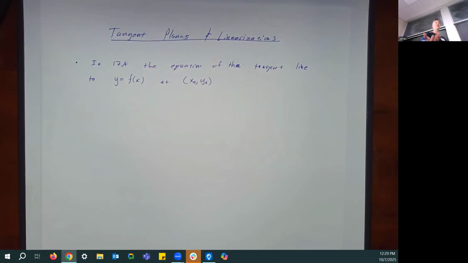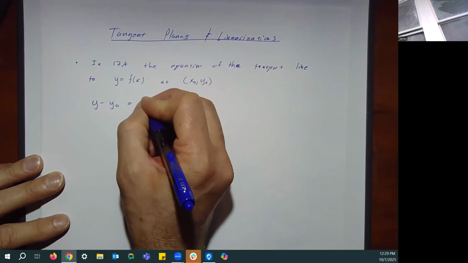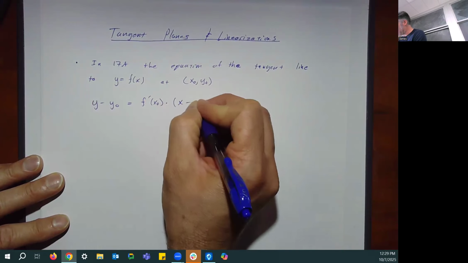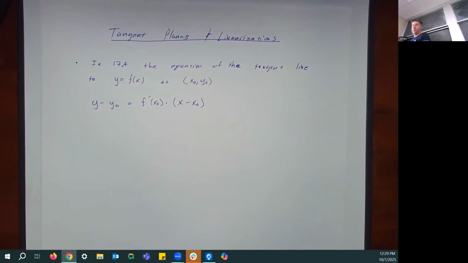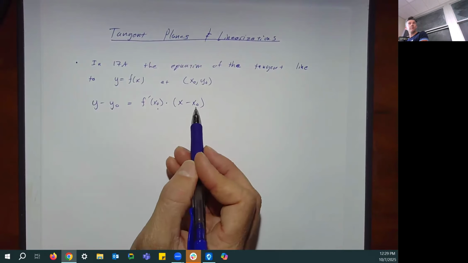Well, the typical equation of a line is y minus the y coordinate equals your slope times x minus the x coordinate. But we're going to write it as y minus y naught equals f prime of x naught times x minus x naught. There's your y coordinate, there's your slope, there's your x coordinate.